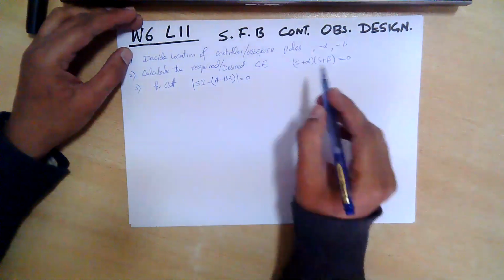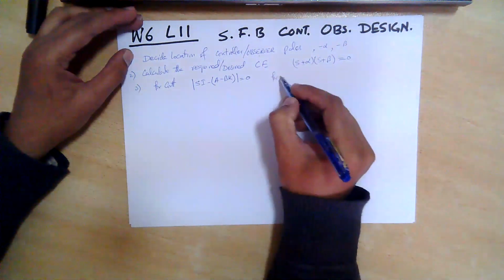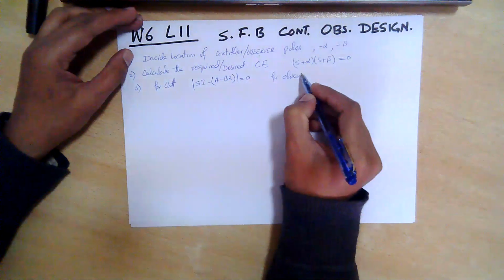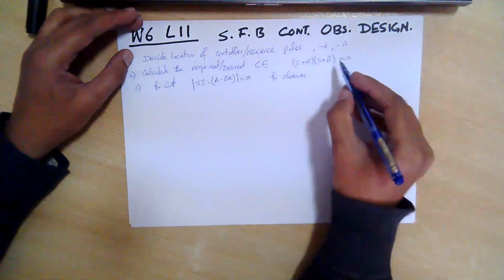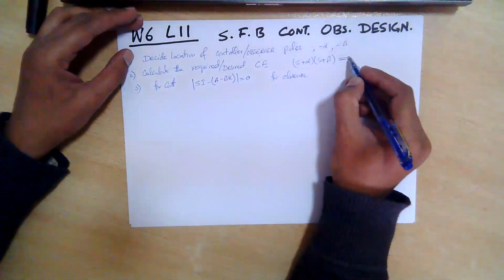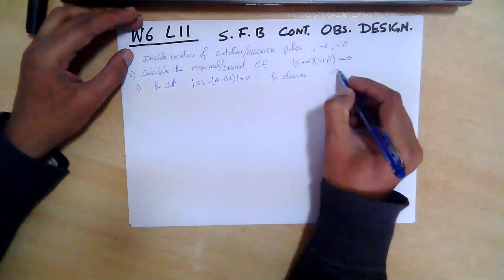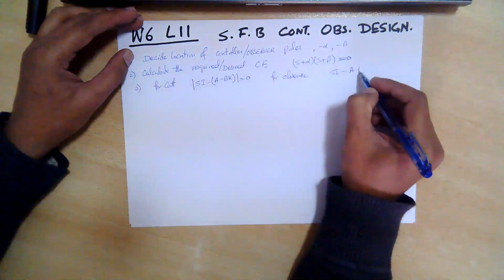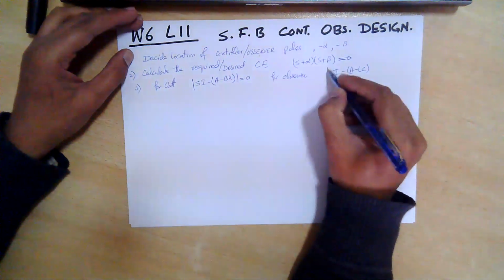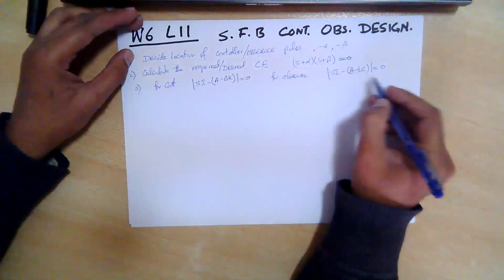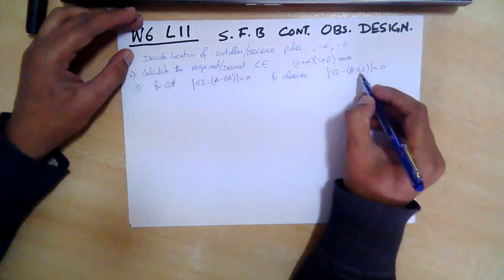And for the observer, you compare this desired characteristic equation to the observer characteristic equation, which is sI minus A plus LC. And here this is the characteristic equation, and L1, L2, L3 will be the unknowns.